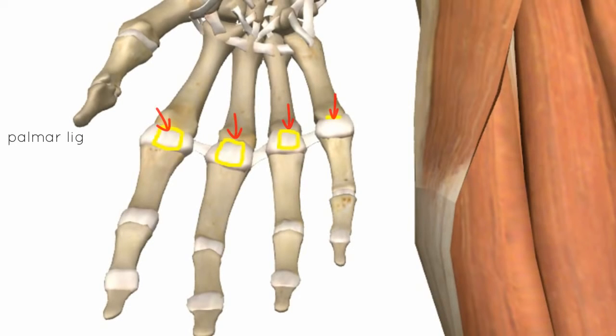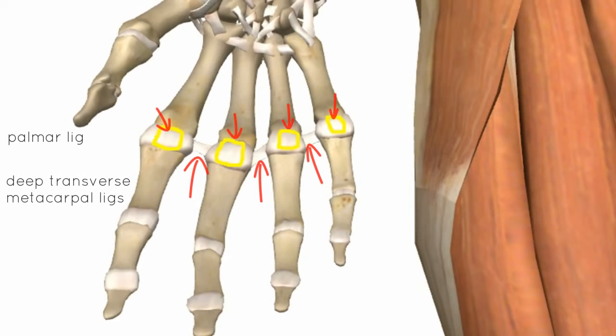I don't really need to draw it on every single bone, but I just have. And these palmar ligaments are connected by the deep transverse ligaments. You can see these ligaments connecting the palmar ligaments together. And you've got 3 deep transverse ligaments. It's important to note that there isn't actually one between metacarpal 2 and 1, because this would really restrict movement.